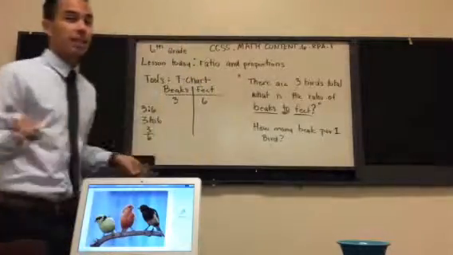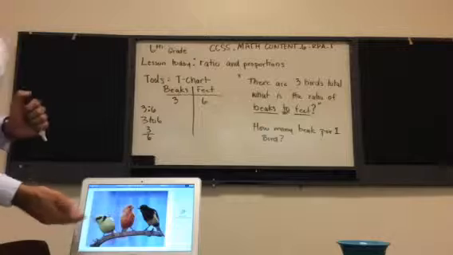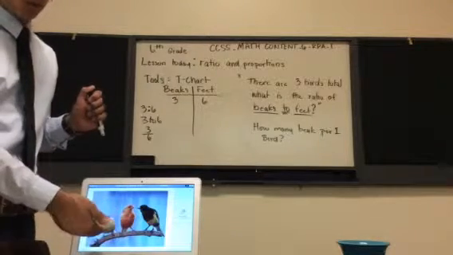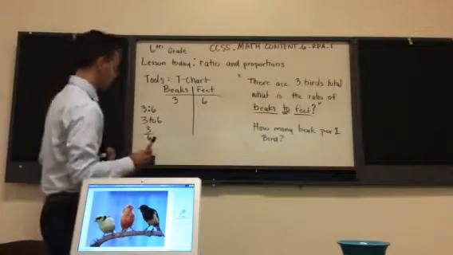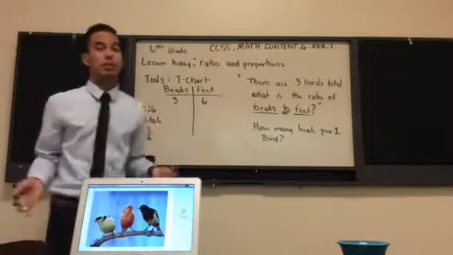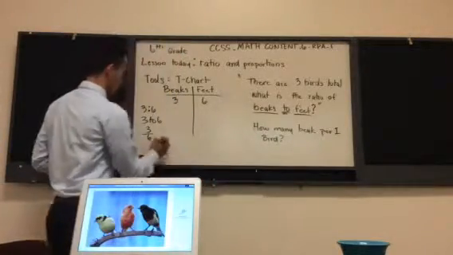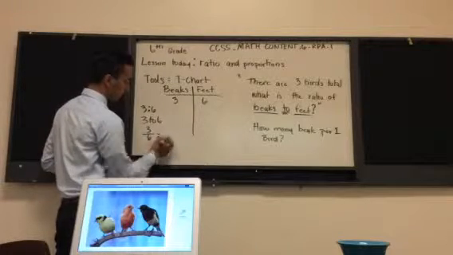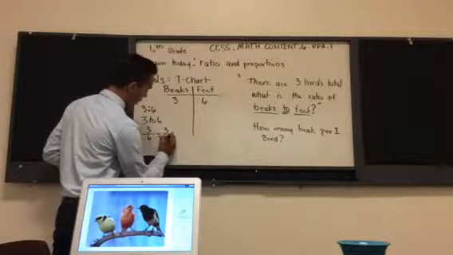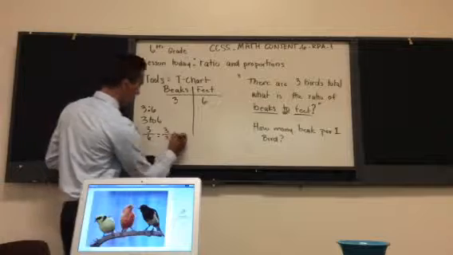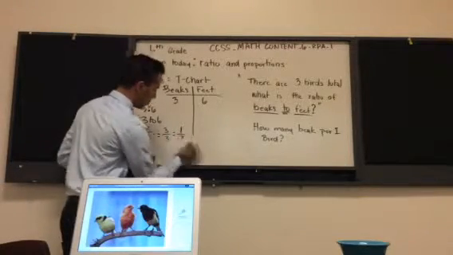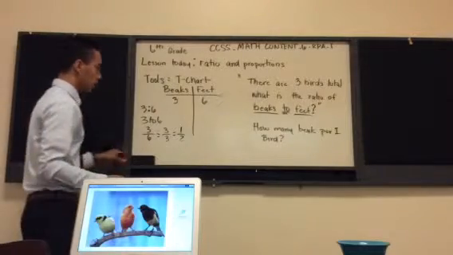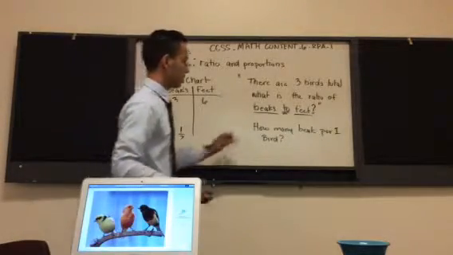That's easy. We can simply look at 1 bird and say 1 beak per 2 feet. Or we can reduce this: 3/6 reduces down to 1/2. So we can simply say 3/6 divided by 3/3, which is 1, equals 1/2. All right, so that's the answer to this.